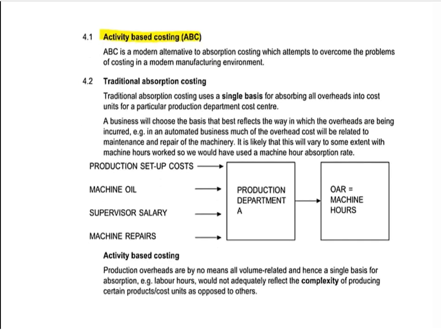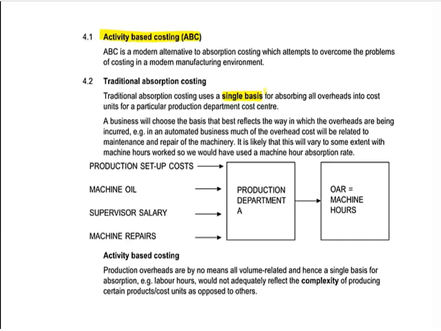So if we cast our mind back to absorption costing, it uses one basis for absorbing all of the overheads for a particular department or cost centre. And the business chose the basis that reflected the way the overheads were being incurred.